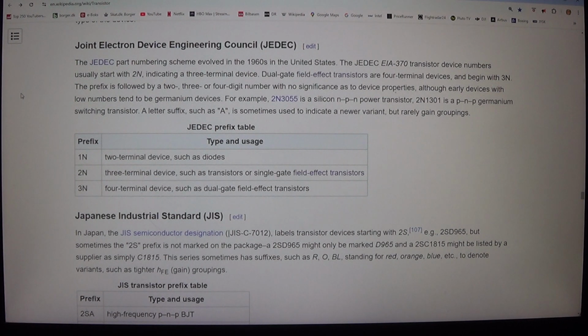For example, 2N3055 is a silicon NPN power transistor, 2N1301 is a PNP germanium switching transistor. A letter suffix, such as A, is sometimes used to indicate a newer variant, but rarely gain groupings.